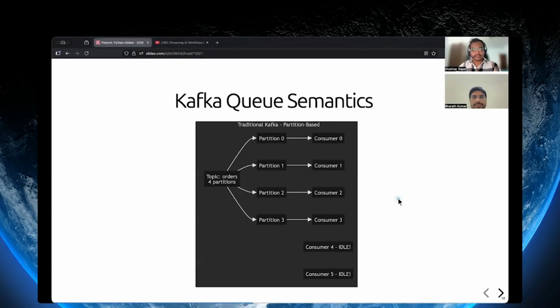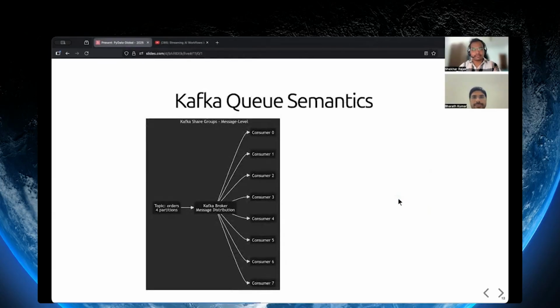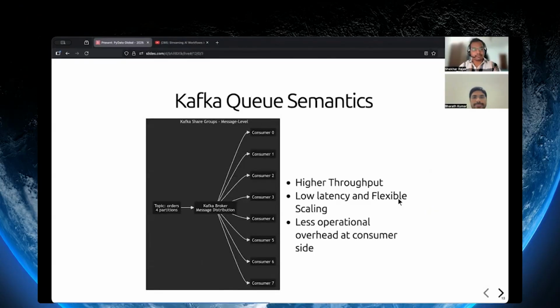So let's see how this looks with queue semantics. When Kafka share groups came into the picture in Kafka 4, we can scale the number of consumers without limit. So the max parallelism can go beyond the number of partitions, and offset management is taken care of by the broker itself.